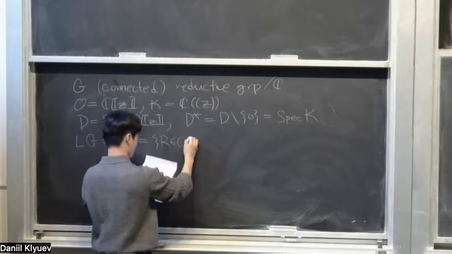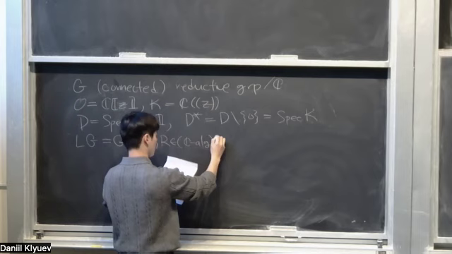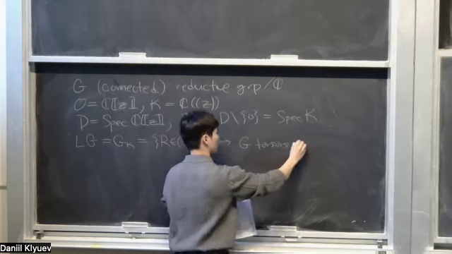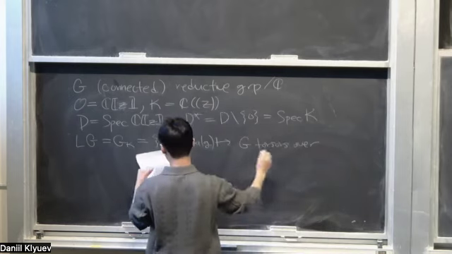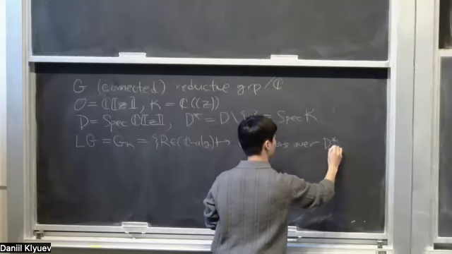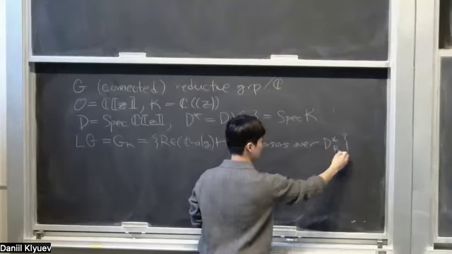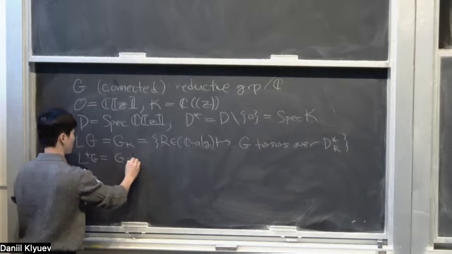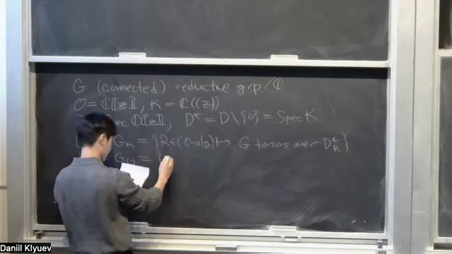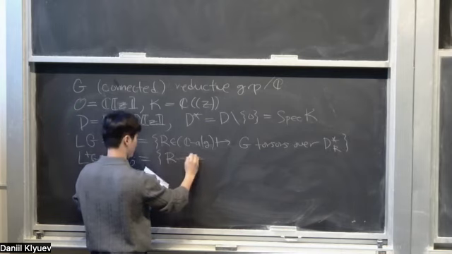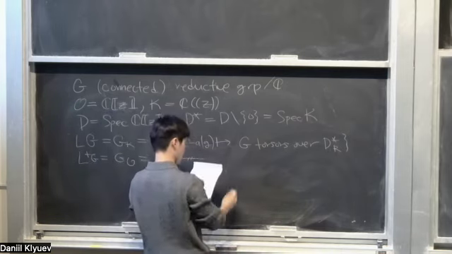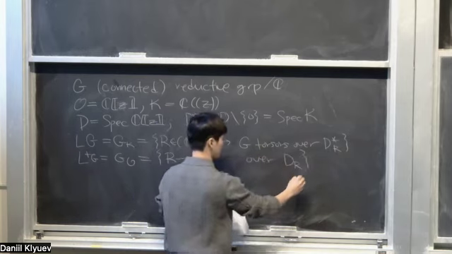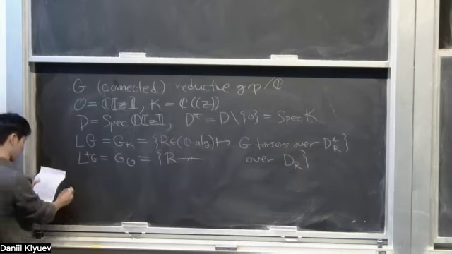There is a stack G_K, which sends a C-algebra R to G-torsors over the punctured disk D star R. Here D star R just means the punctured disk over R. G_O is the same thing, but over D R, the not punctured one.